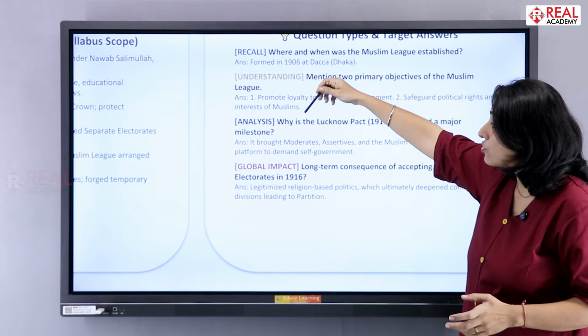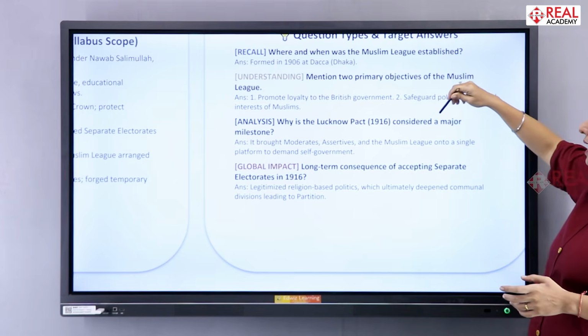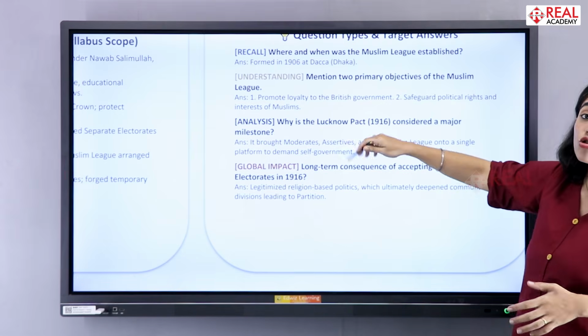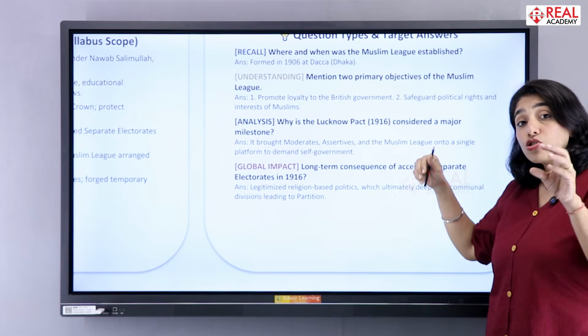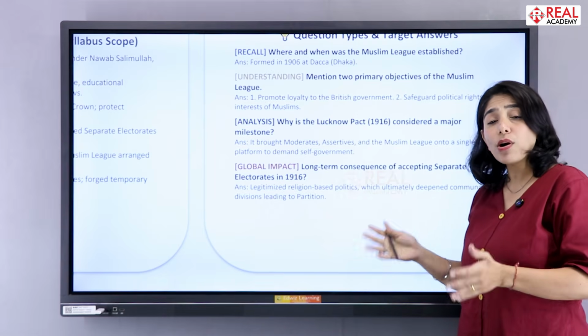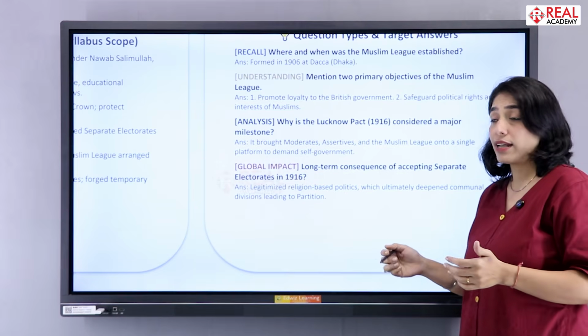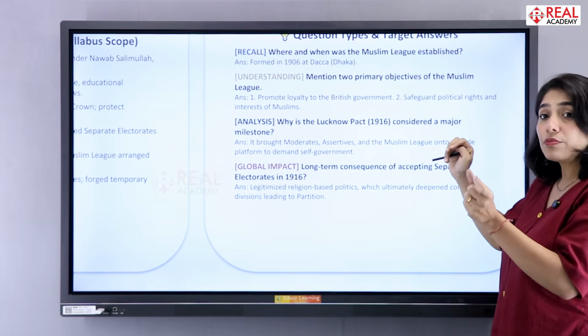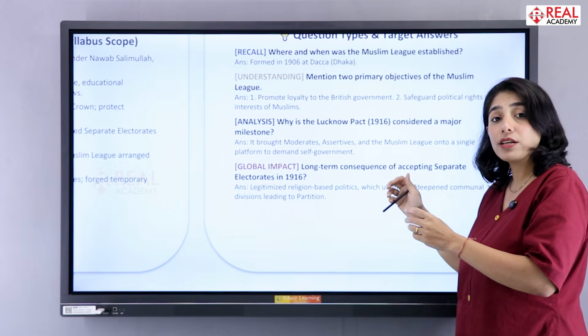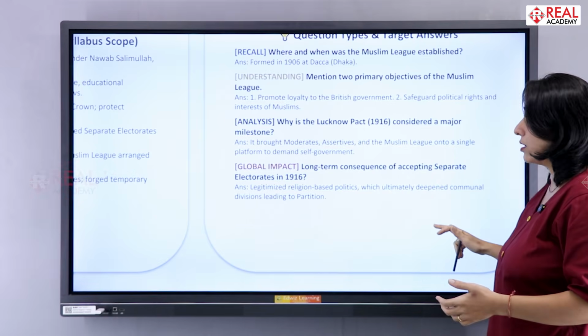Your analysis question is, why is the Lucknow Pact considered a major milestone? What have you understood out of it? As per your knowledge or conceptual gain, how can you turn this particular moment into a milestone?